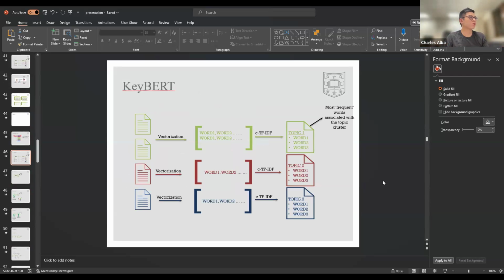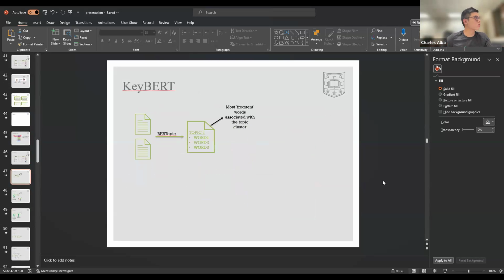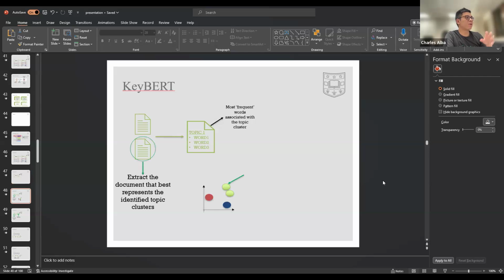words associated with the topic cluster, right? So KeyBERT is basically the idea that you take the most frequent words associated with the topic cluster. You take the best represented document, that means the document that best represents this cluster. In this case, because this cluster is the furthest away from the rest of the clusters, you take this point here.